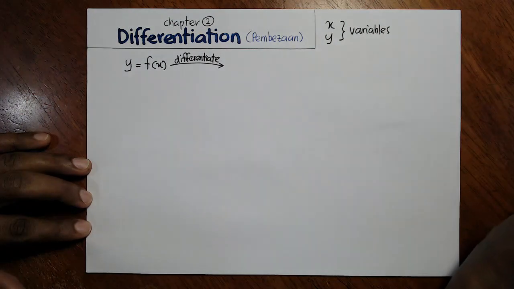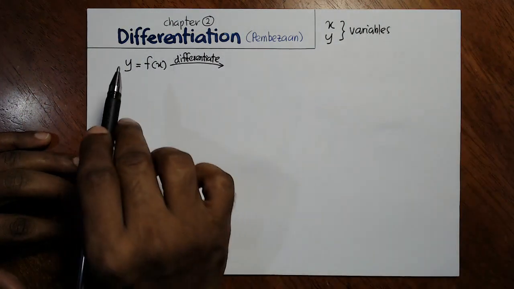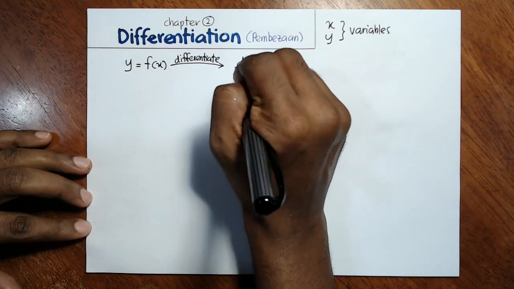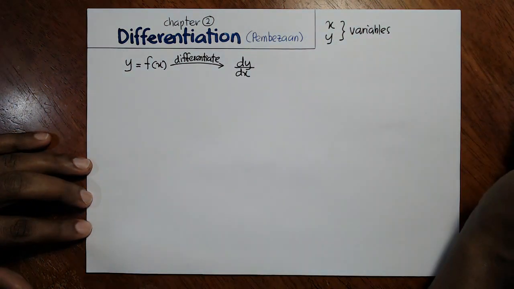When you differentiate, first of all, the symbol y changes to dy dx. That is to show that the differentiation is already done.